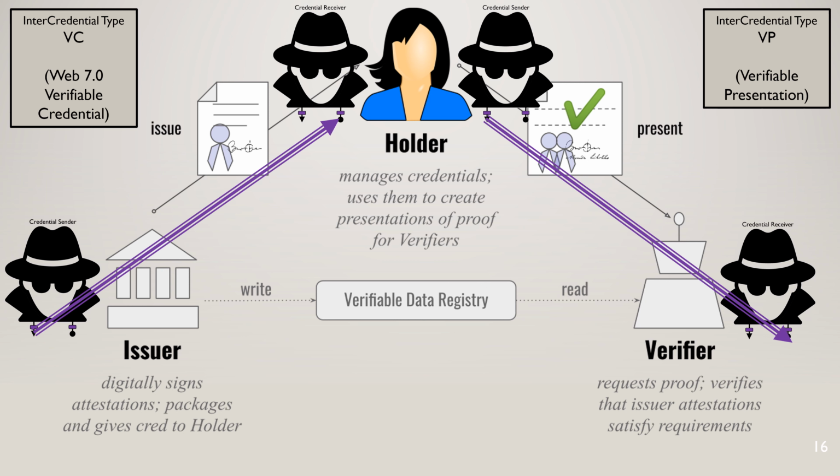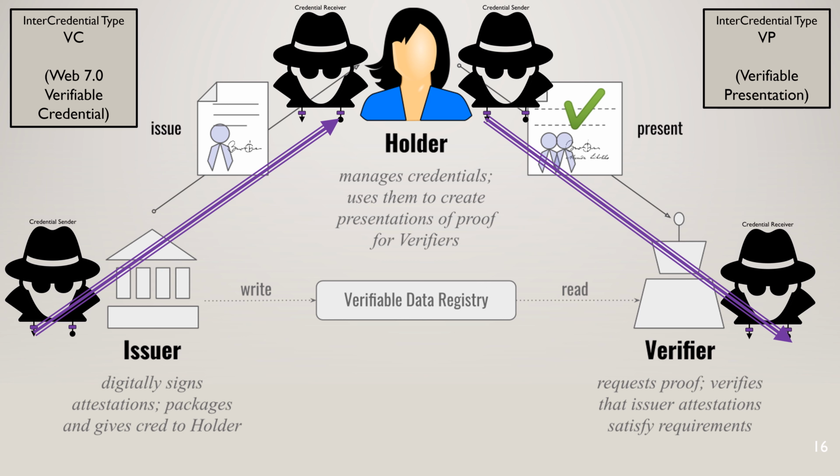Moving over to the right-hand side, the holder now is a specialization of the credential sender. The holder is going to create a verifiable presentation based on the verifiable credential data it received from the issuer, and it's going to send that presentation to the verifier.